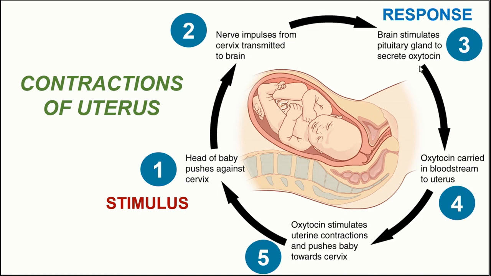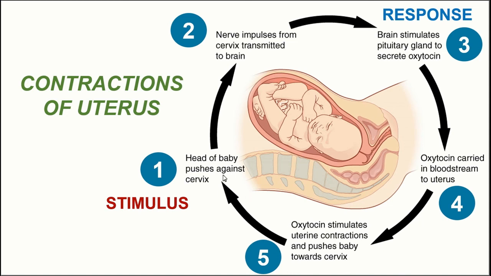The brain responds by releasing a hormone from the pituitary gland called oxytocin. Oxytocin is a hormone that, among other things, causes contraction of the smooth muscle of the uterus. As the baby's head pushes on the cervix, it causes oxytocin to be released. Once oxytocin reaches the muscle of the uterus, it stimulates contractions of the uterus.